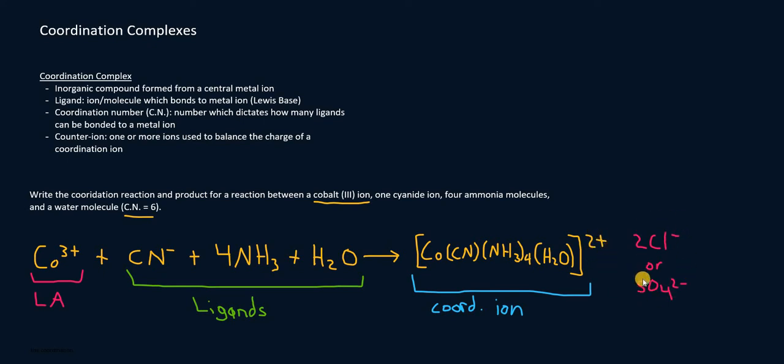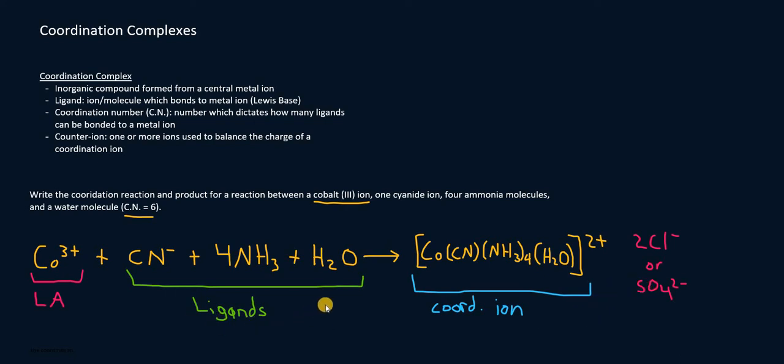So it's really up to you. You just have to choose one or more ions that add up to balance the charge of your coordination ion. You want the charge to be 0 after you add your counter ions. That's really the only rule.